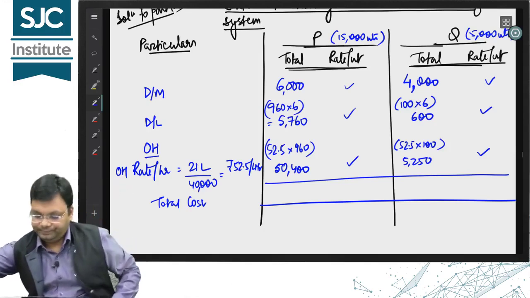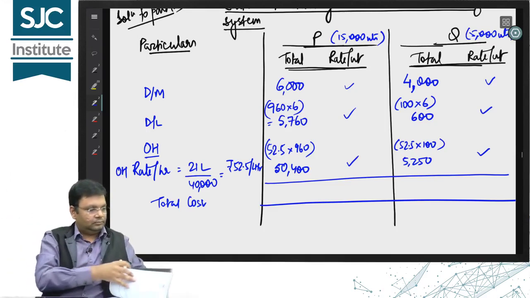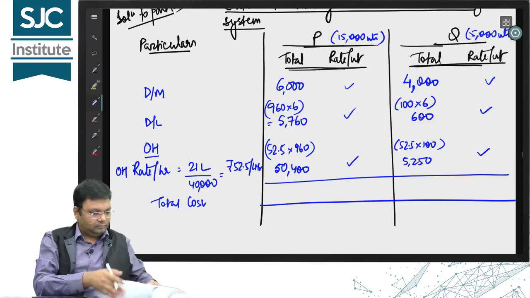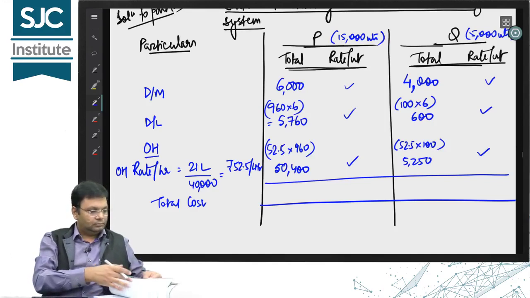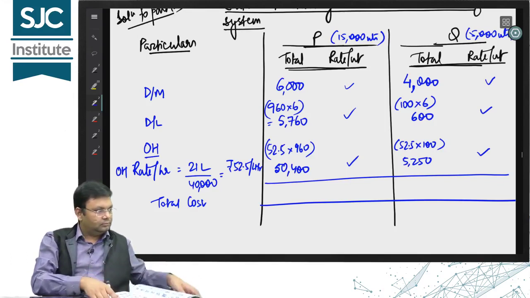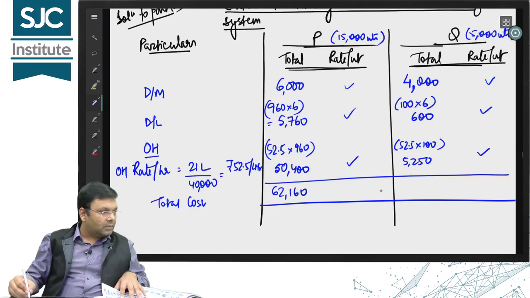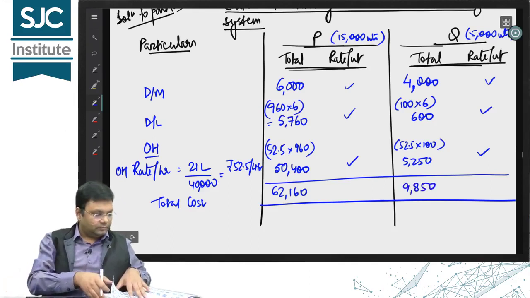Answer please. Okay, 60,160 for P, and Q is 9,850.